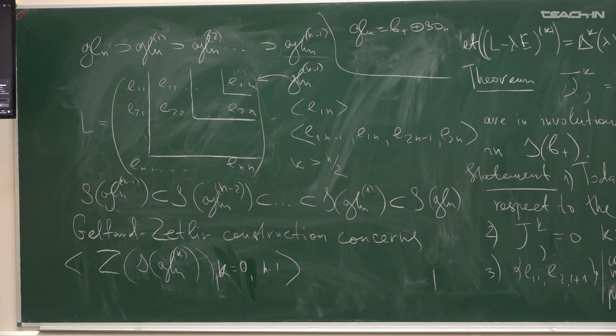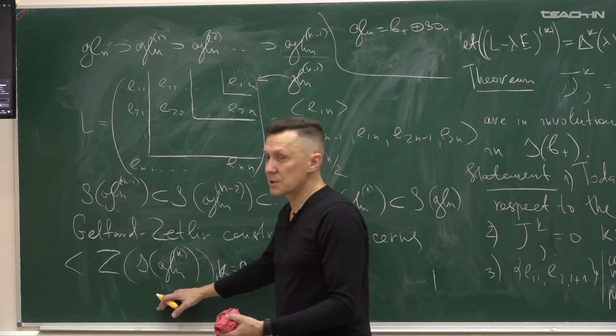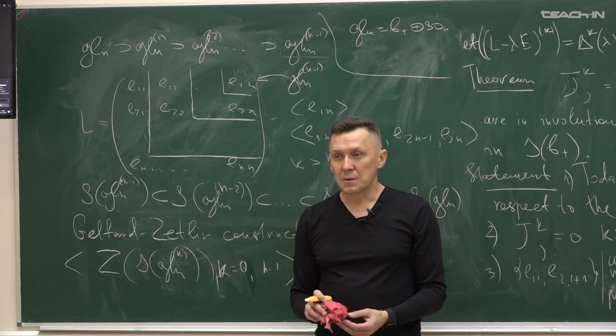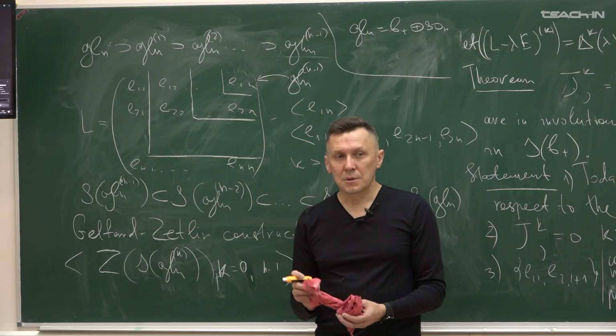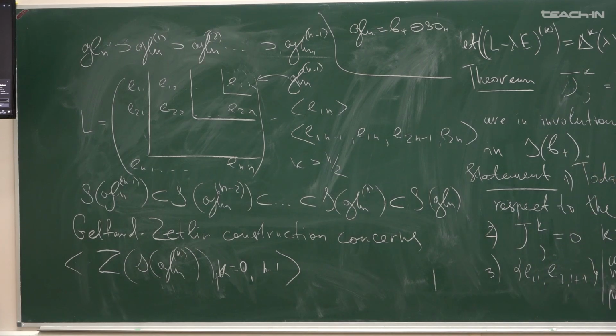So the Gelfand-Tsetlin approach says that this is a commutative subalgebra. If you take the centers of all subalgebras and generate an algebra by all the generators of the centers, it is a commutative subalgebra.